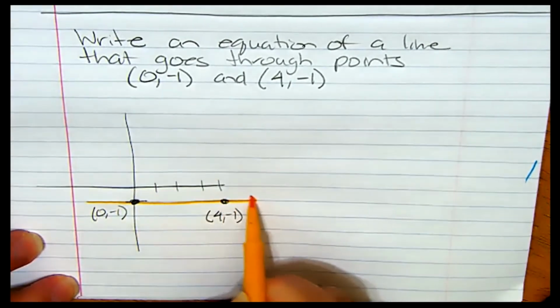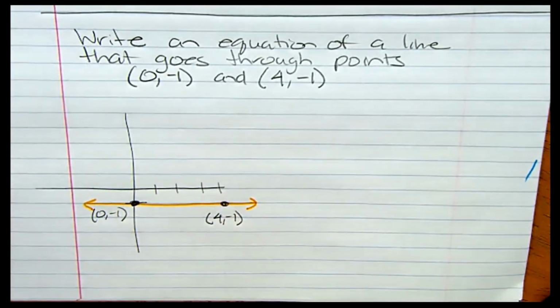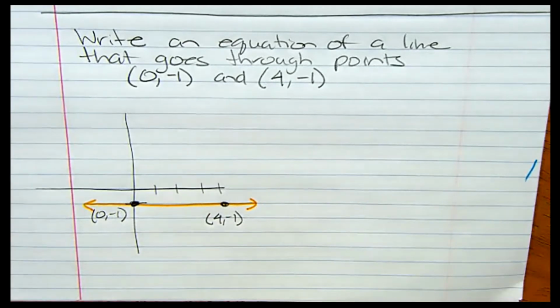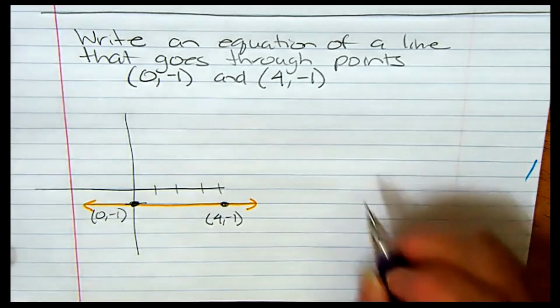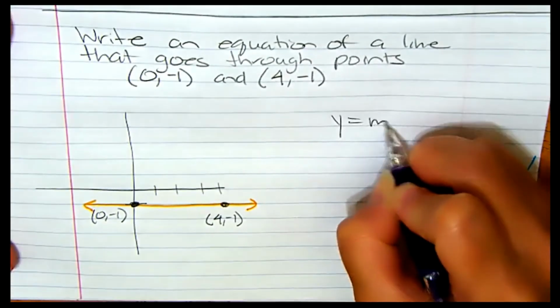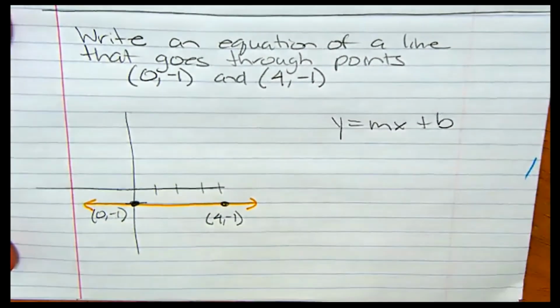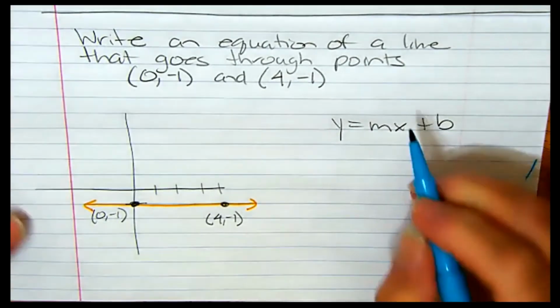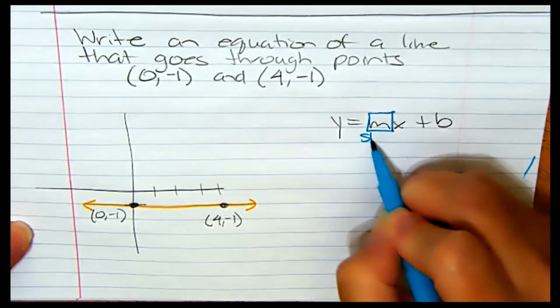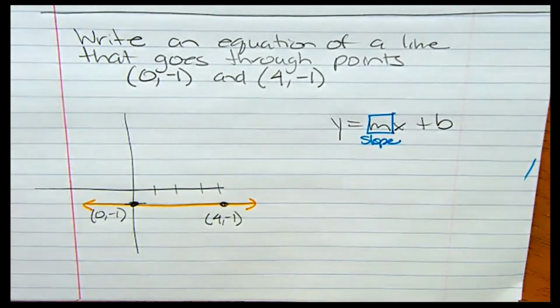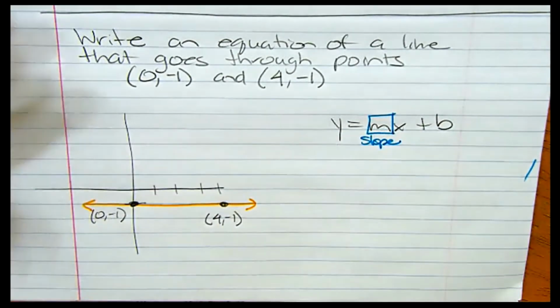And here's my line. Okay, I know that a linear equation is y equals mx plus b. I know that m is slope. So let's figure out my slope.